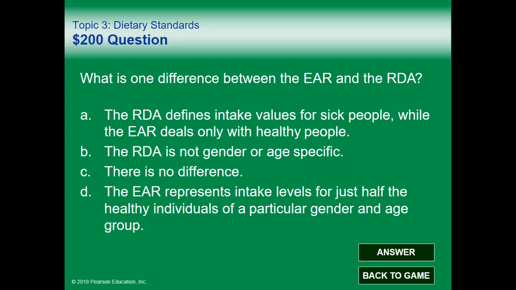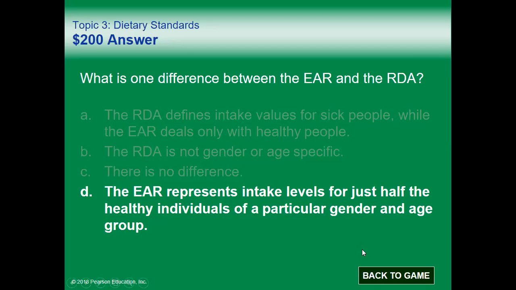D, the EAR represents intake levels for just half of the healthy individuals of a particular gender and age group. I think it's D. Okay, everybody else? Okay, good. D.